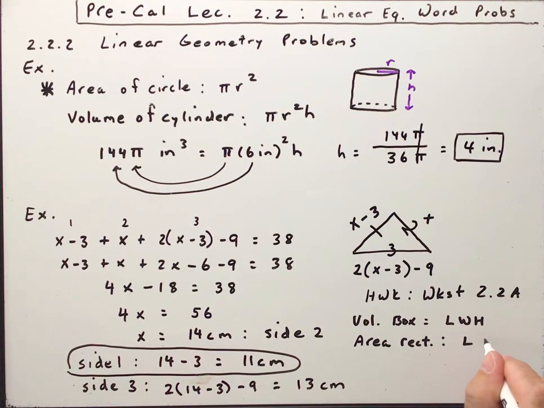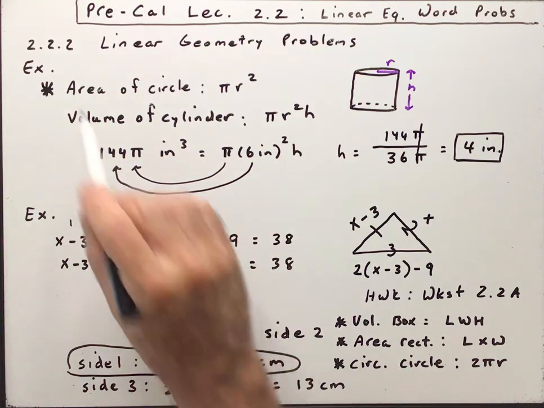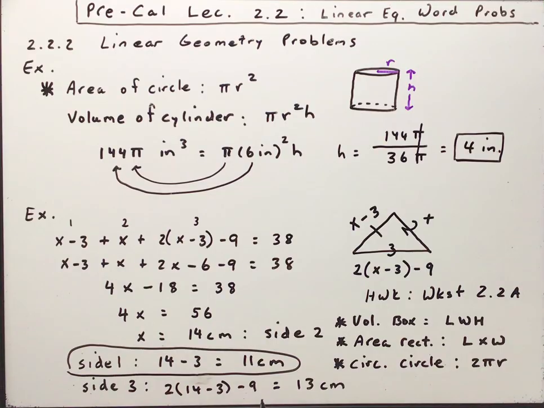It's just length times width. I don't know if we need this, but the circumference of a circle. Do you remember that one? It's 2 pi r. All right, so I would expect you to know the simpler geometric area and volume equations. Area of a circle. I wouldn't expect you to remember the volume of a cylinder, though. So anything that's super fancy, I would give you.